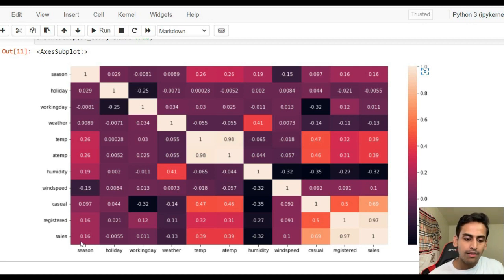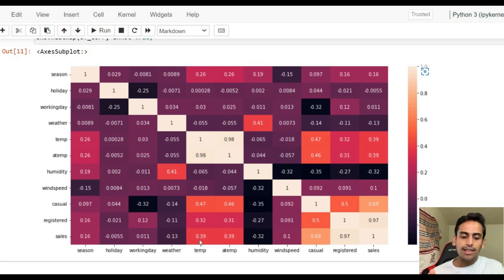So for example, here the value is only 0.16, which shows that there is a positive relationship, but it's not very strong. It means our sales has a positive relationship with season, but it's not a very conclusive relationship where we can say that seasons play a major role in your sales. Although it's showing a small relationship, it's not a very powerful relationship.